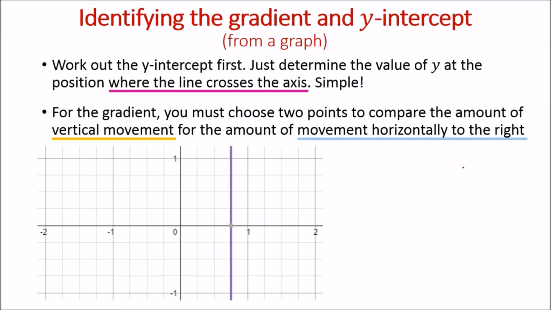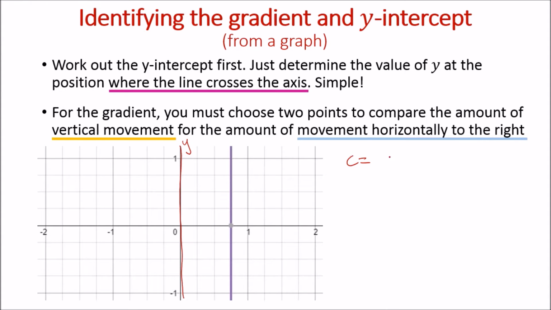Now we've got that other situation. If you know that the last one was zero gradient, hopefully you're saying now that this one is an undefined gradient, but I'm going to go through how to work that out. Firstly, our y-intercept. Well, this line is going parallel to our y-axis. By definition, if it's going parallel, these lines are never ever going to touch, which means we don't actually have a y-intercept.